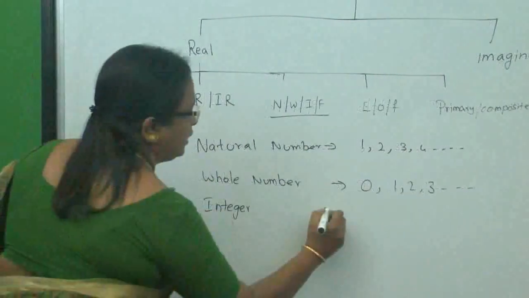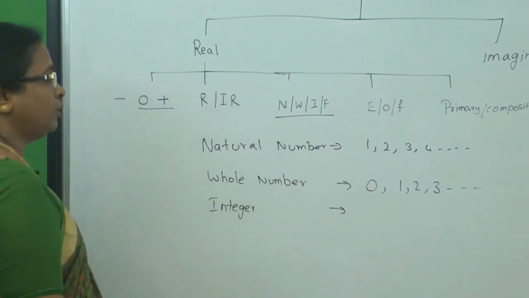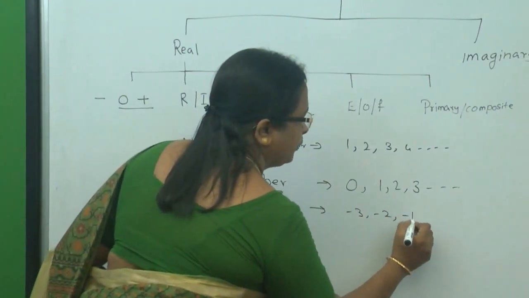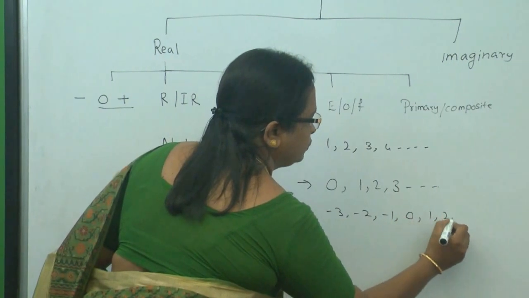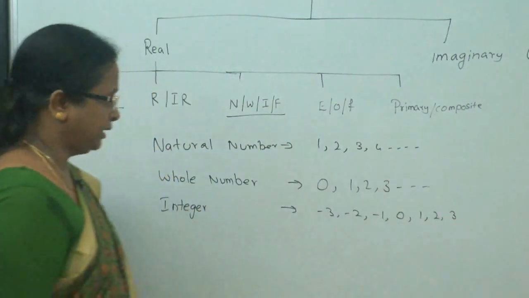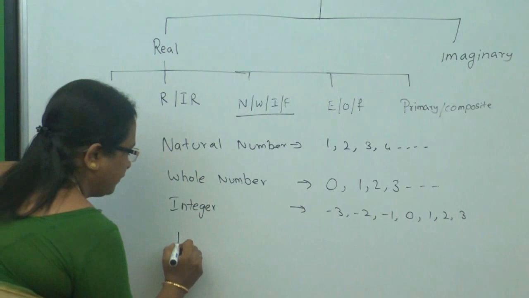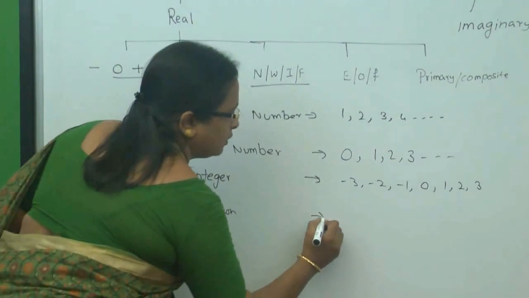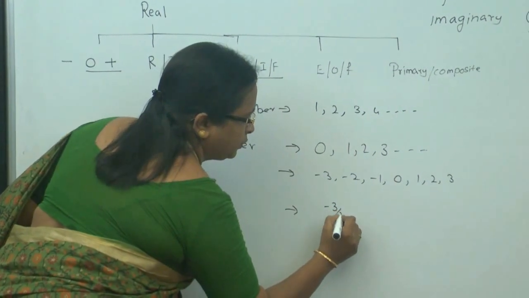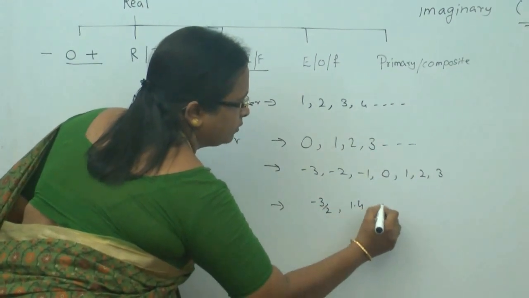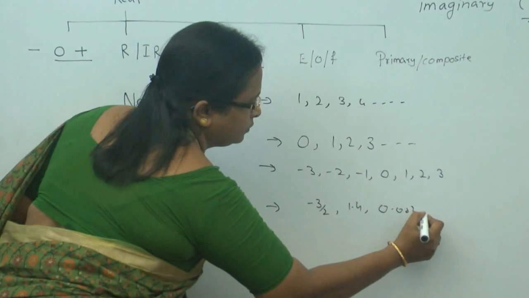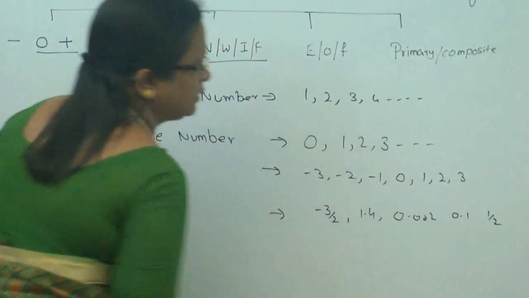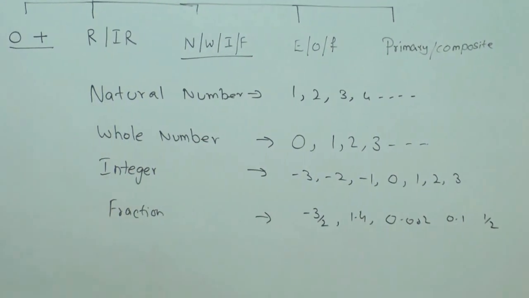Integer: when negatives are also included. -3, -2, -1, 0, 1, 2, 3, all these are integers. And the next is fraction, which is not an integer. So -3 by 2, 1.4, 0.003, 0.1, 1 by 2, all these are fractions.